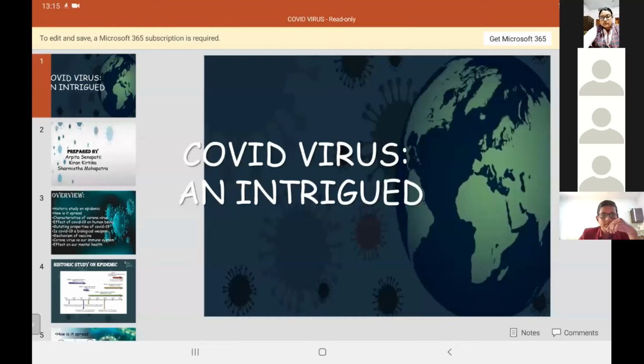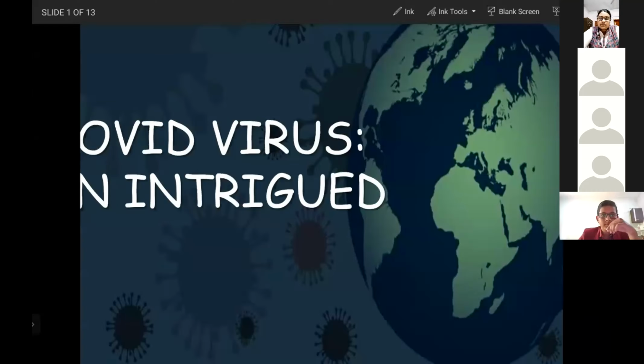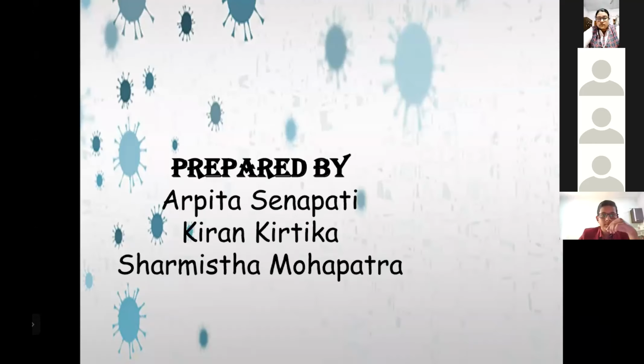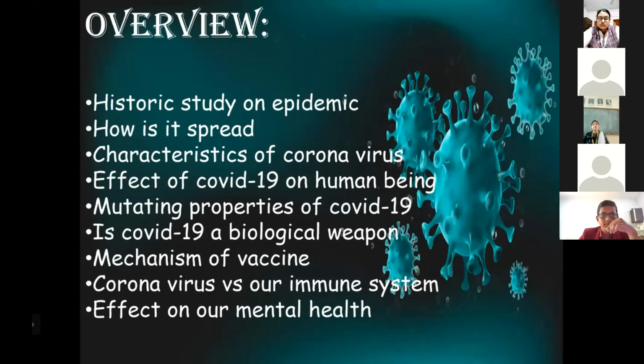Let's check the topics to be discussed today: historic study on epidemics, how it is spread, characteristics of coronavirus, effect of COVID-19 on humans, mutating properties of COVID-19, is COVID-19 a biological weapon, mechanism of vaccine, coronavirus versus our immune system, and effect on our mental health. So let's get started with the first.